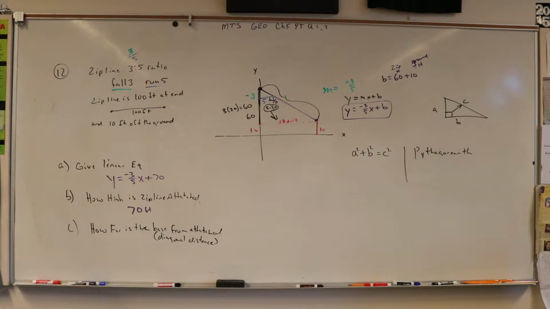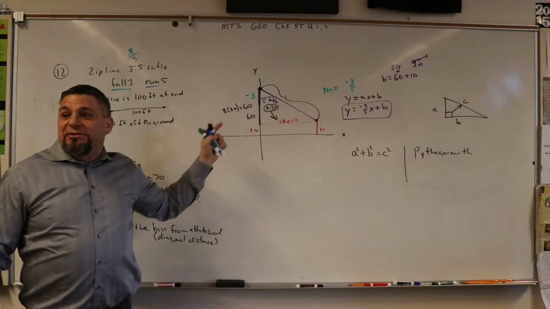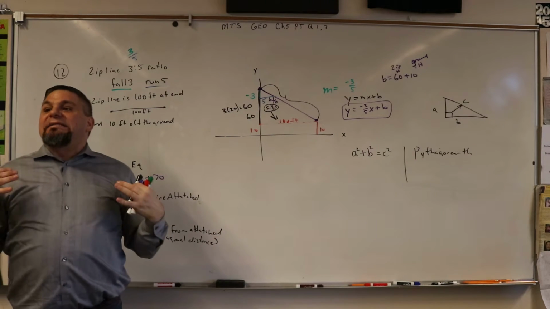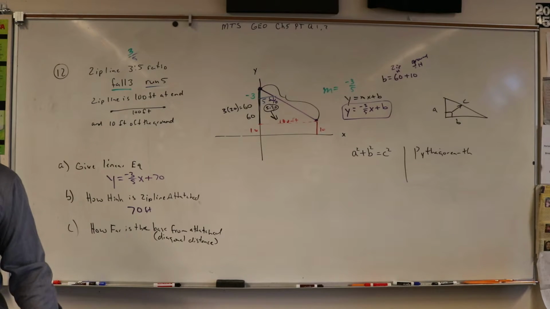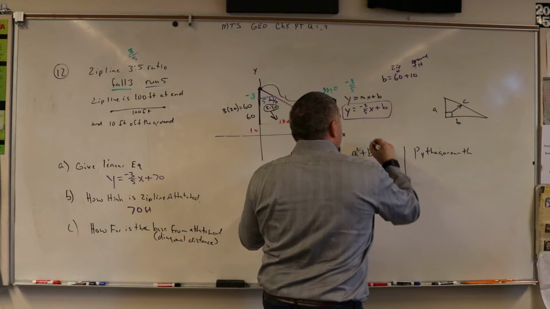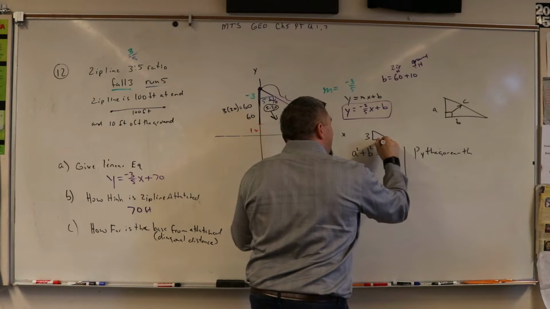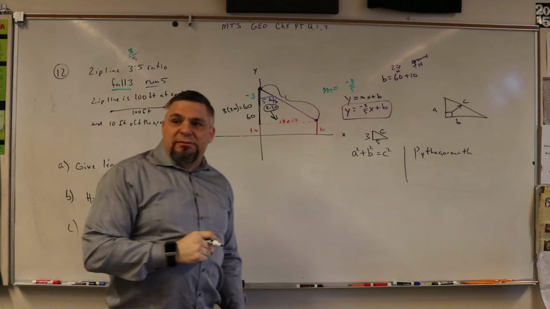Because then we could just multiply by 20, whatever that answer is, the same thing we did to the other two sides. That's the key to making the math easier. So we're going to take this 3, 5 triangle and figure out what C is.